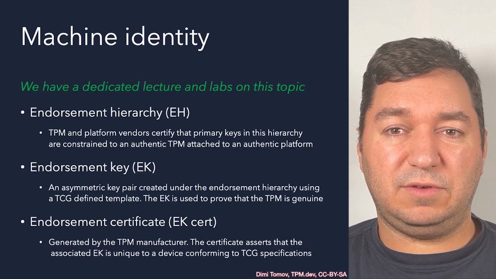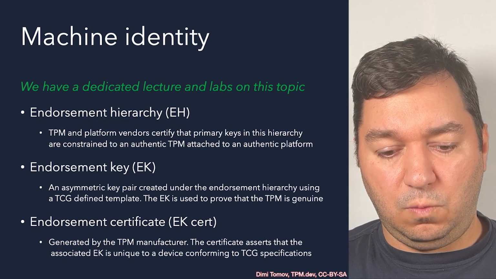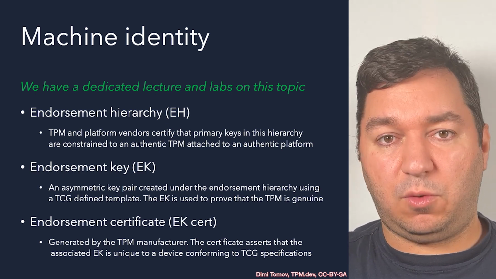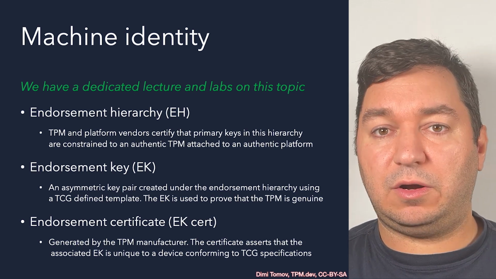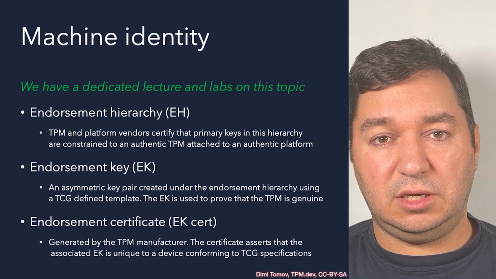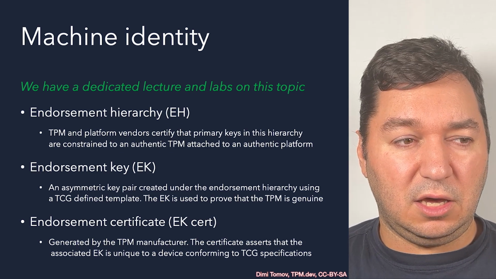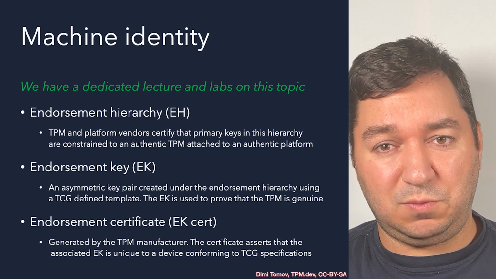I already gave a glimpse of why machine identity is so useful, but we need to tie it to the TPM properties. As you well know from the first course or from your prior knowledge, we have several hierarchies in the TPM. We have the endorsement hierarchy, which we haven't spoken a lot about in the first course on purpose. Now it's when we cover it.